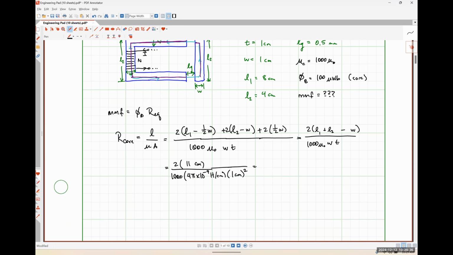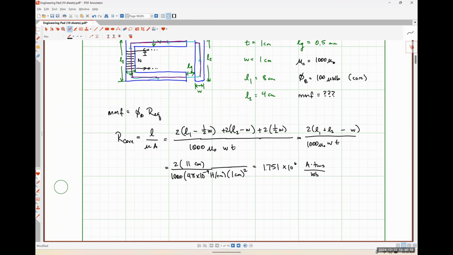And I get 1.751 times 10 to the 6th amp turns per Weber. This reluctance for our core is a good bit higher than the reluctances that we've seen in our previous examples. Can anybody think about why that might be?